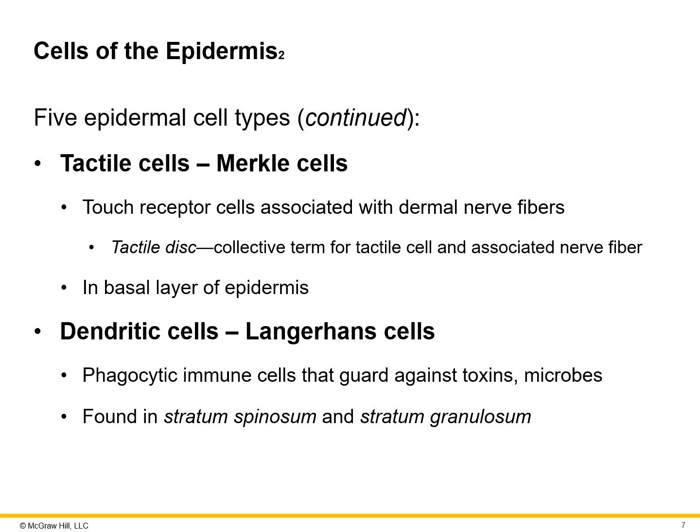Then within the stratum spinosum layer, we're going to find a dendritic cell that we used to call Langerhans cells, again after the person who discovered them. But these dendritic cells are resident immune cells that reside in the stratum spinosum layer just in case something gets through that stratum corneum and the stratum granulosum layer. These guys act kind of like 911 dispatch operators.